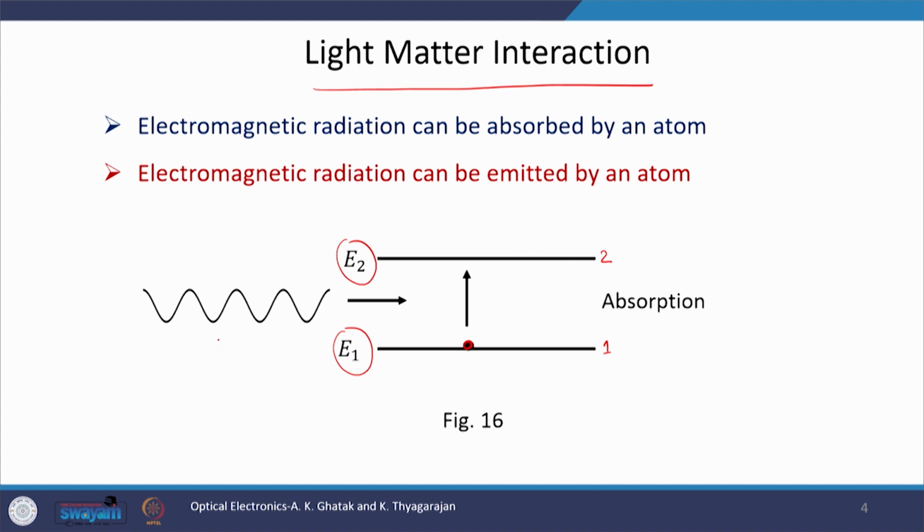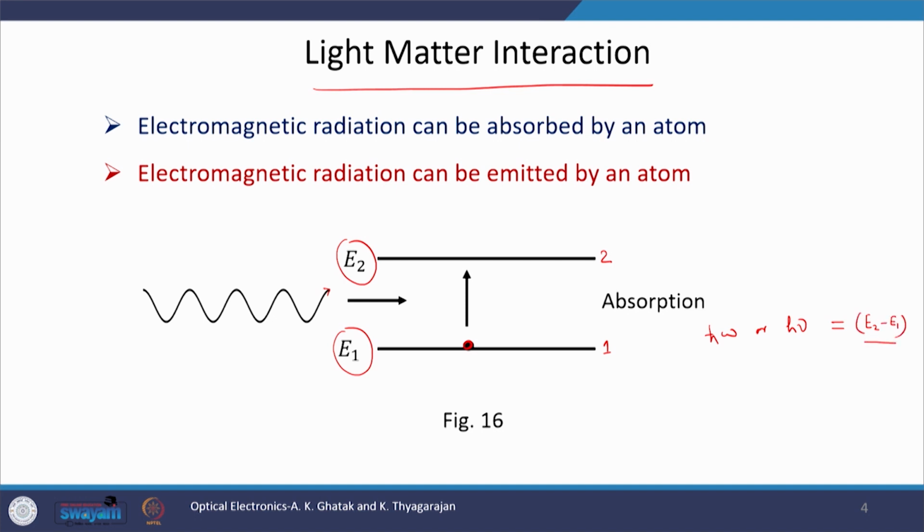Now if we launch a photon of appropriate energy, by appropriate energy I mean the following: the energy, which is h cross omega or h nu, must be equal to the energy difference between the two levels. Okay.